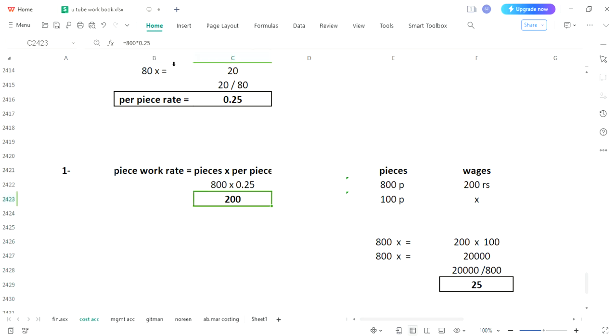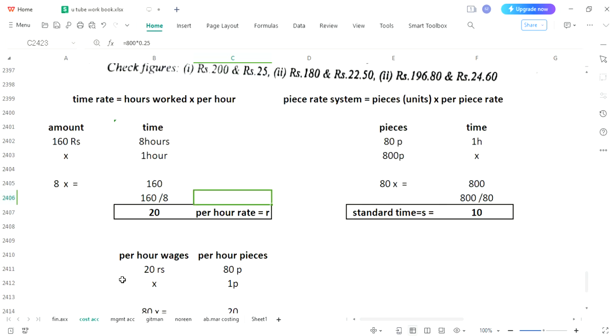The first answer we got is 200, and the second answer we calculated is 25. So both answers should be reviewed. What I am doing right now is letting you know how we can complete and how we can review our questions. So first answer 225.